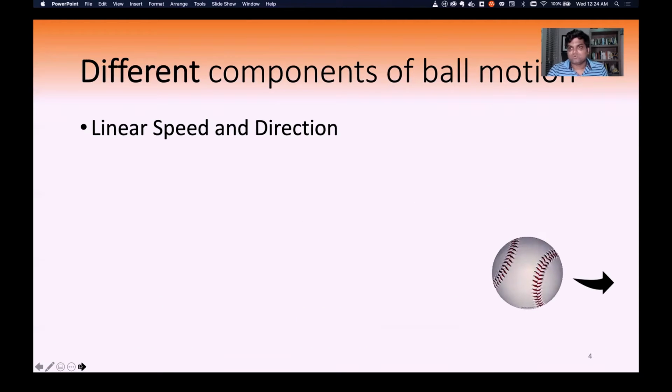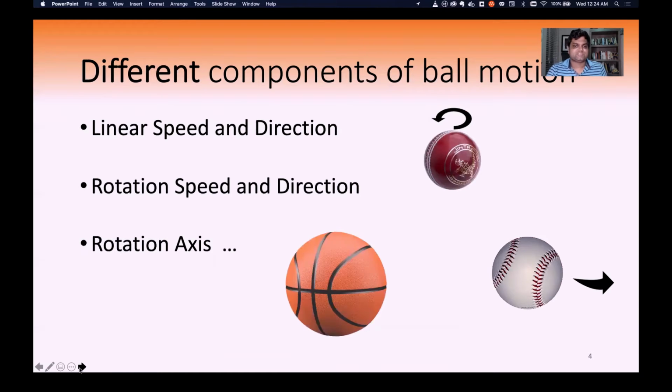This ball motion has different components. One is very straightforward: linear speed and direction. Another two are a little more interesting, and very important in baseball for pitch action, or in cricket: the rotation speed, that is how the ball is rotating, the rotation direction, and also which axis it is rotating on.